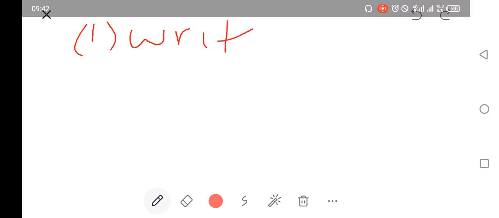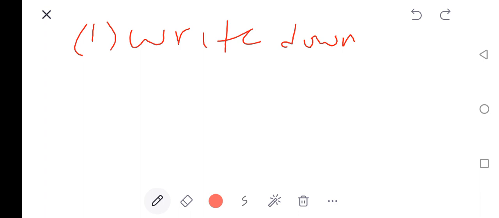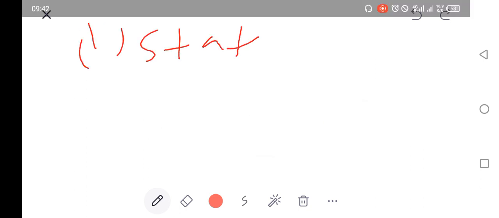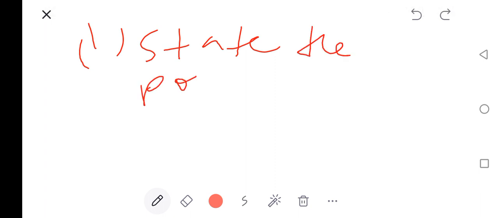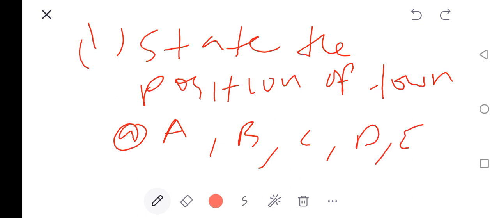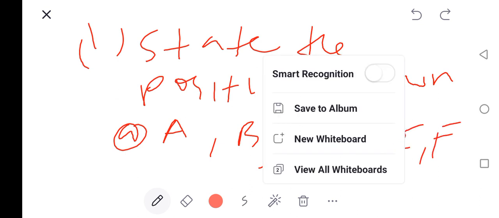The question you are writing here is: state the position of town A, town B, town C, town D, town E, town F. It can either use town or point.